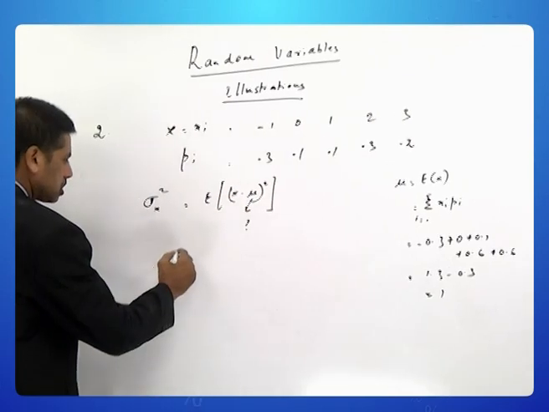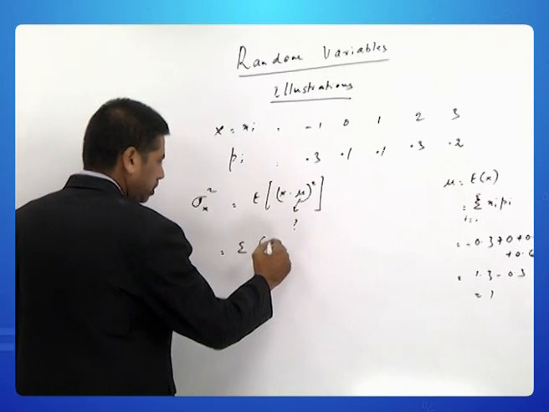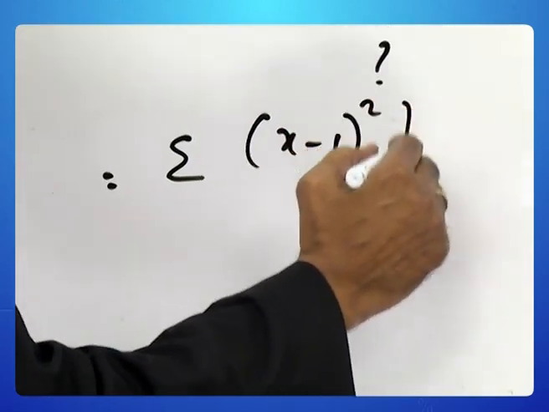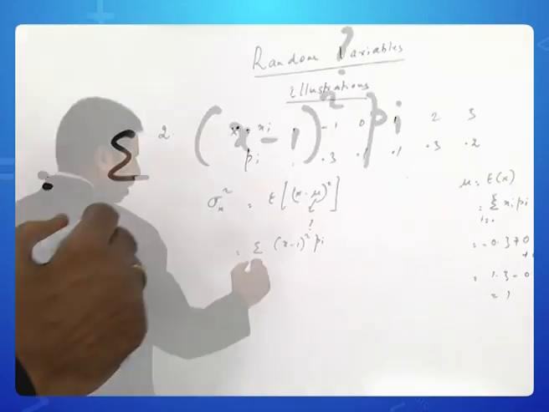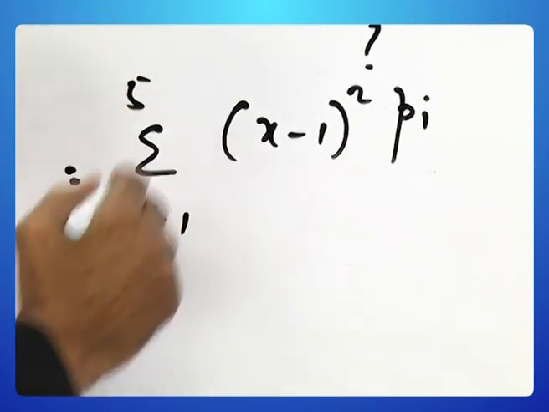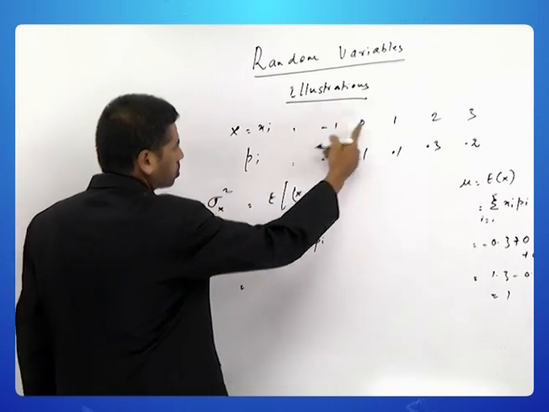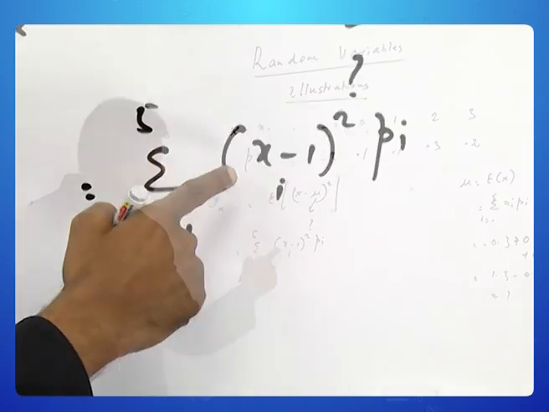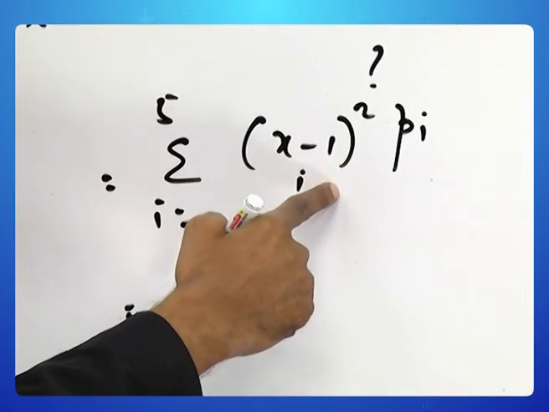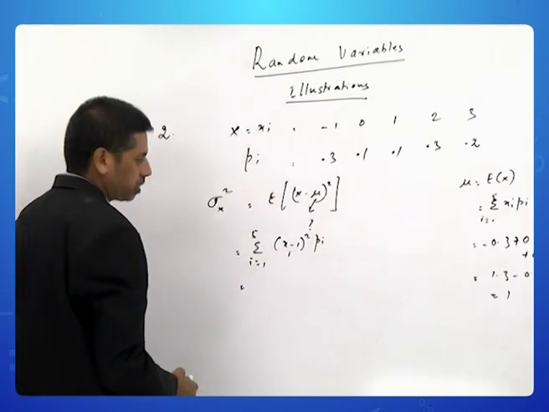So this is the mean of the distribution and that is required here. So how do you compute the variance? Summation of x minus 1 whole squared into pi, i is equal to 1 to 5. The x values are these values. From each x value subtract 1, square it, and then multiply with the corresponding probability.